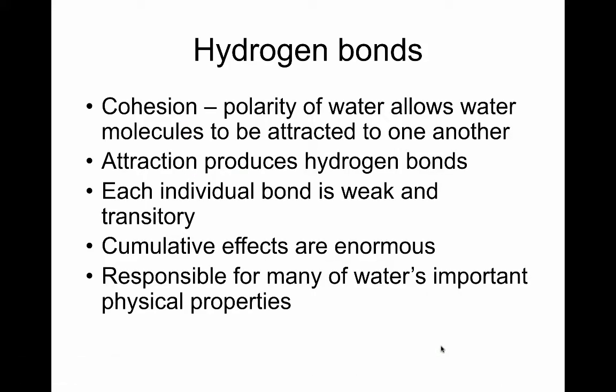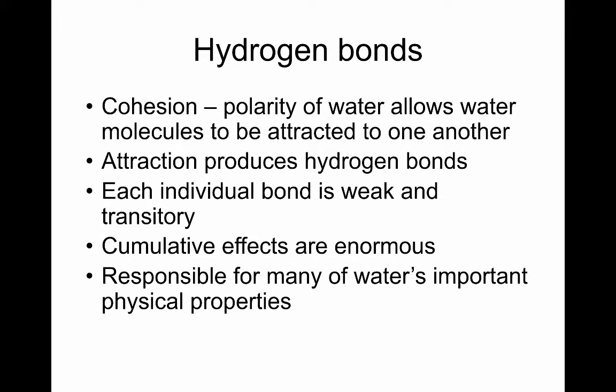So some of the things that hydrogen bonds do for living things, actually the main thing, is that it allows water to stick to water. It allows what we call cohesion to occur. Cohesion is like sticking to like, so it's water sticking to water.